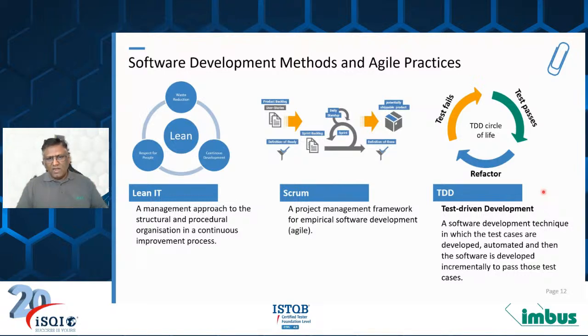That means when I say write a test and then develop, I'm talking from a quality perspective. Rather than developing a product and then thinking about the quality agenda later in the cycle, which could be a little too late, now we are developing software with quality in mind, and then ensuring the development meets those quality goals. Right? So these are some of the practices we will talk about during our version 4 syllabus.